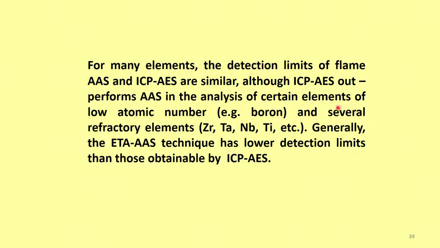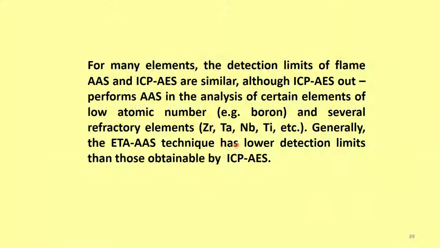Because for elements of low atomic number, it is difficult to determine the concentration, because the sample required would be very small, and even to prepare standards becomes very difficult. For example, hydrogen, helium, lithium, beryllium, boron, atomic weight approximately up to 10.